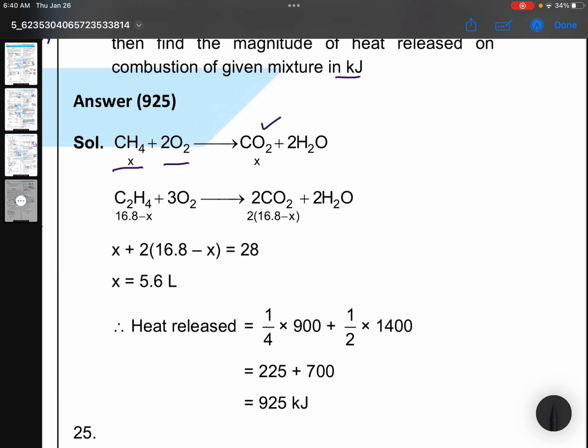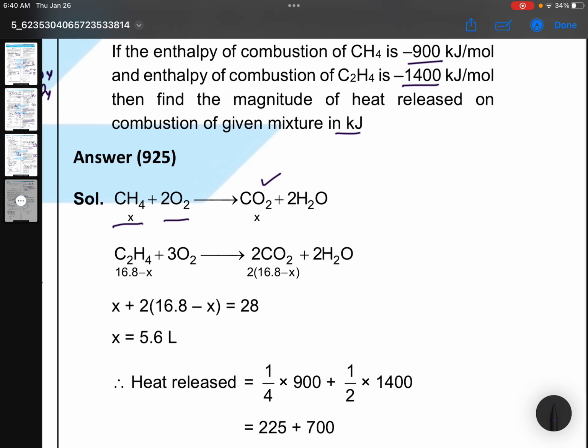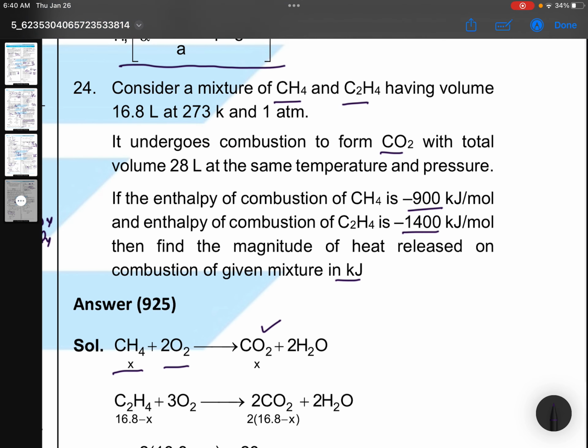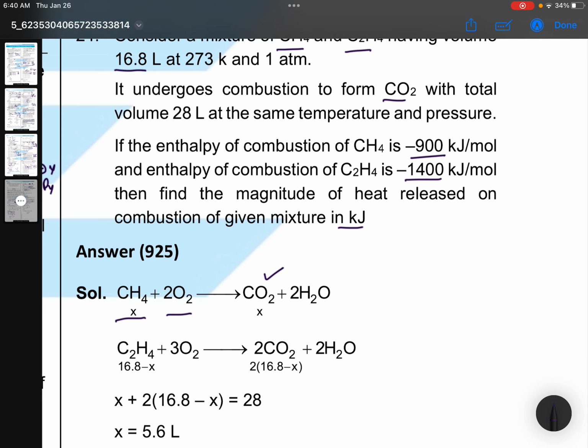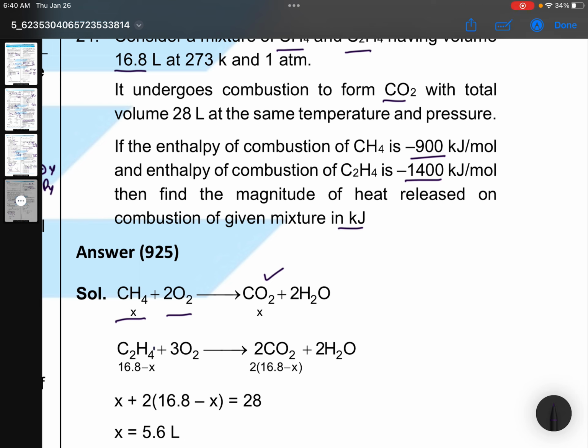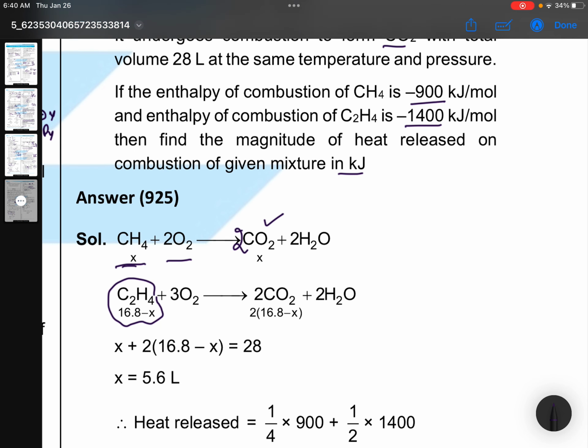So here it is given, we can see here 16.8 liters minus x we are taking, because the total together is 16.8, gives 2 moles of CO2 here. So 1 x gives x moles, and 16.8 minus x gives 2 into 16.8 minus x.